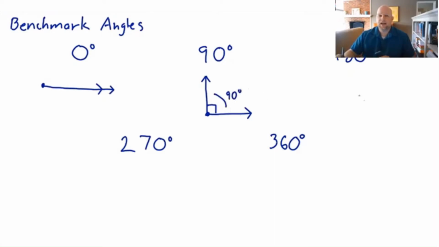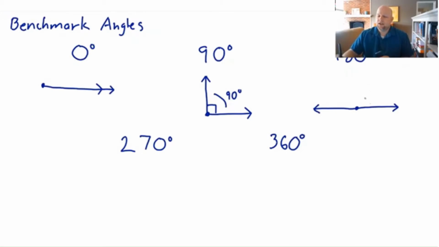Now, a 180-degree angle is fairly simple as well. We have our vertex here, and one ray going out directly to the right, and the other ray is going directly out to the left.